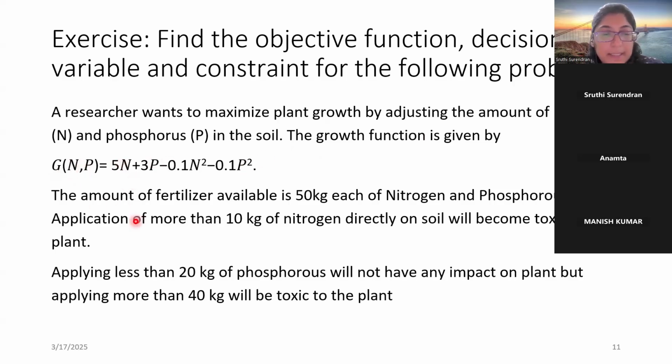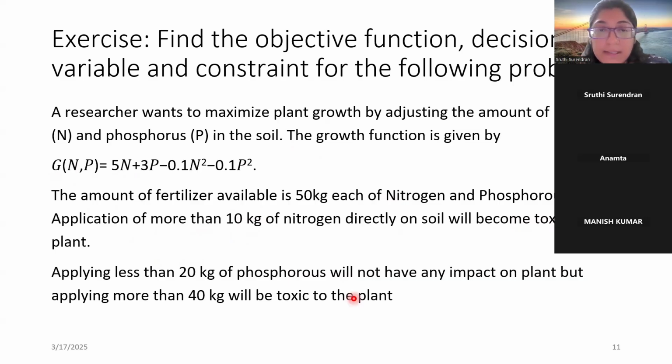Here the amount of fertilizer available totally is 50 kg of nitrogen and 50 kg of phosphorus. But applying more than 10 kg of nitrogen directly on the soil is going to be toxic to the plant. Also, applying less than 20 kg of phosphorus will not have any impact on the plant, but applying more than 40 kg will be toxic to the plant.